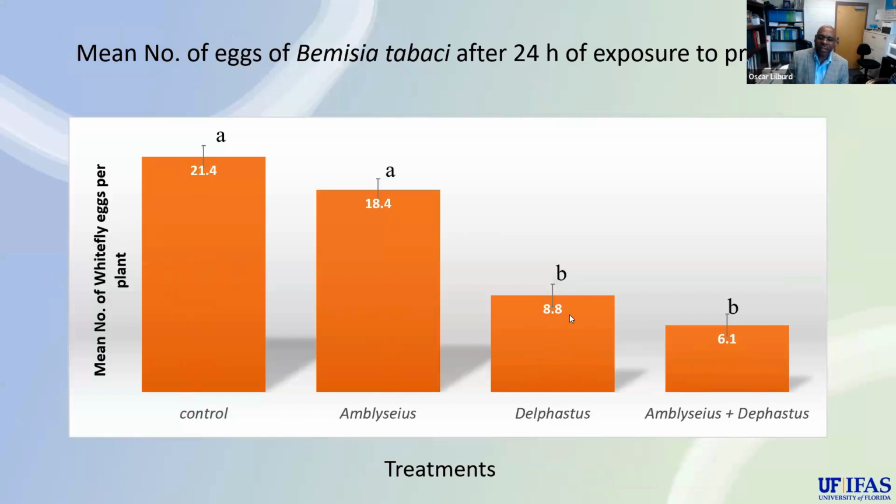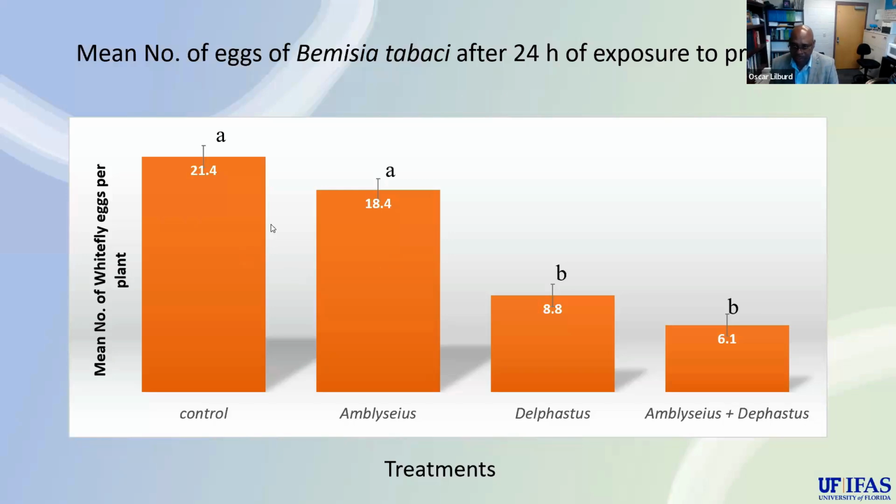Now, this was done in the laboratory, so you have to be very careful in interpreting these results. The Delphastus tend to perform fairly well in the laboratory or in greenhouse operation. In the field, it doesn't perform as well. So that's why I say you have to be very careful in interpreting these results.